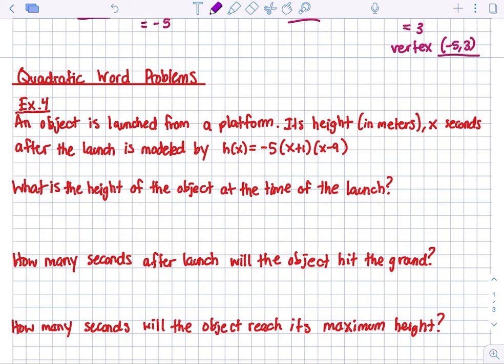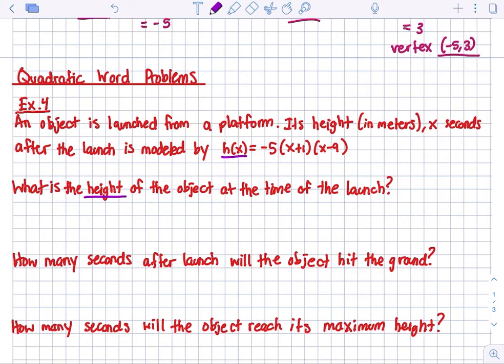Alright, so notice what they're asking you first, right? They're asking you the height of it, correct? Well, the height of it is this. So that means this is what you're solving for in this first one.